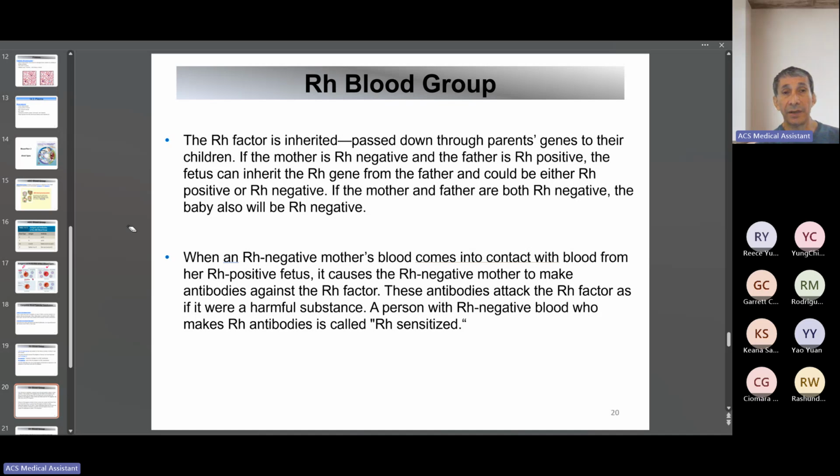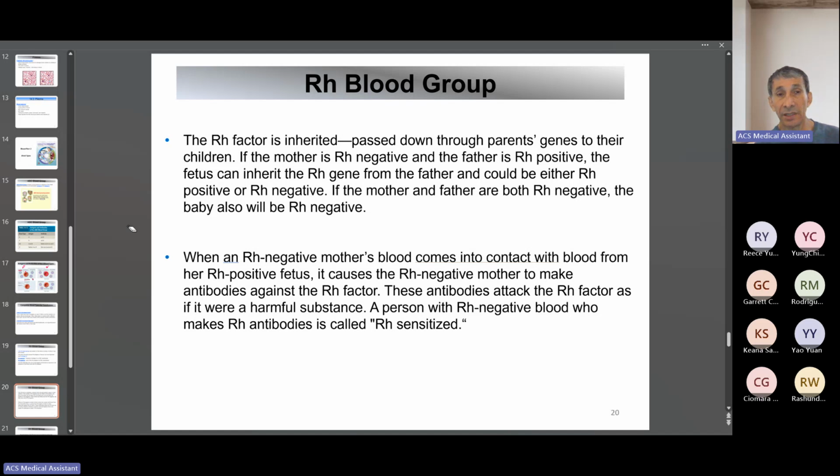Remember, this is like having antigen A and antibody A. They kill each other. So you should have the opposite. But here you are negative. In order for you not to have a problem, the husband has to be RH negative, then you're not going to have problems.